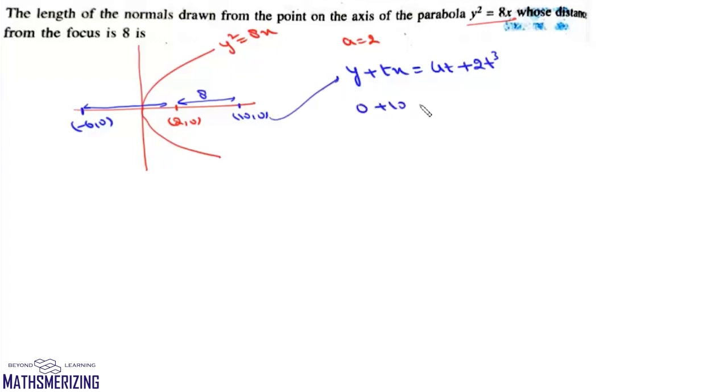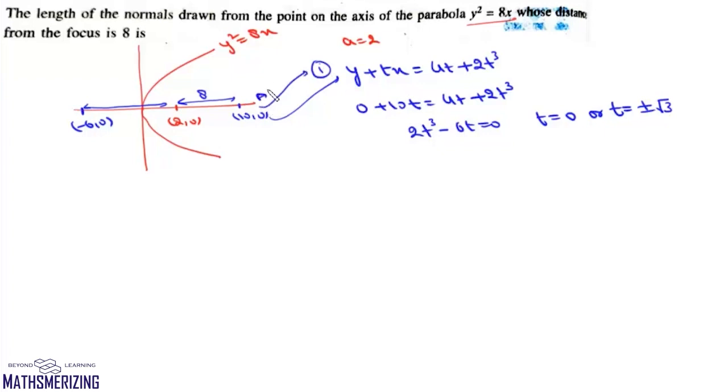So there will be 10t = 4t + 2t cube. So we'll get 2t cube minus 6t equals 0. So that means the value of t is either 0 or plus or minus root 3. So that's our case 1, when we have taken this point to be (10, 0).